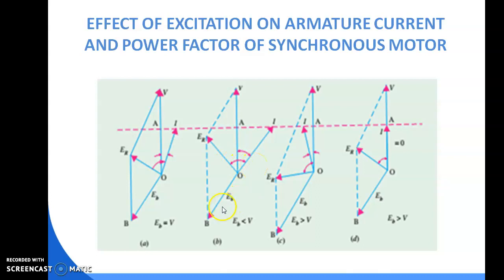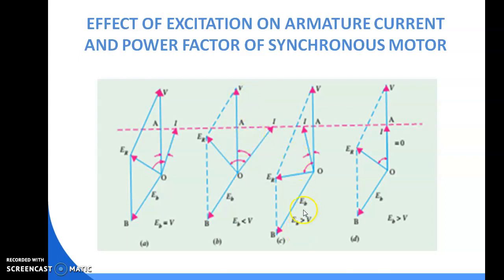Why? Because EB has shifted a bit towards this side. That is why our resultant EMF also changed its position. Here you can see previously the current was here with this minimum gap. Now the gap between voltage phasor and current phasor has changed.